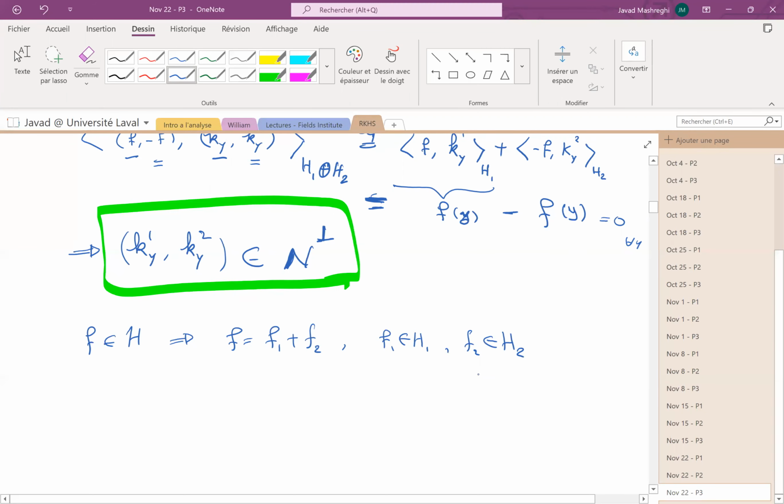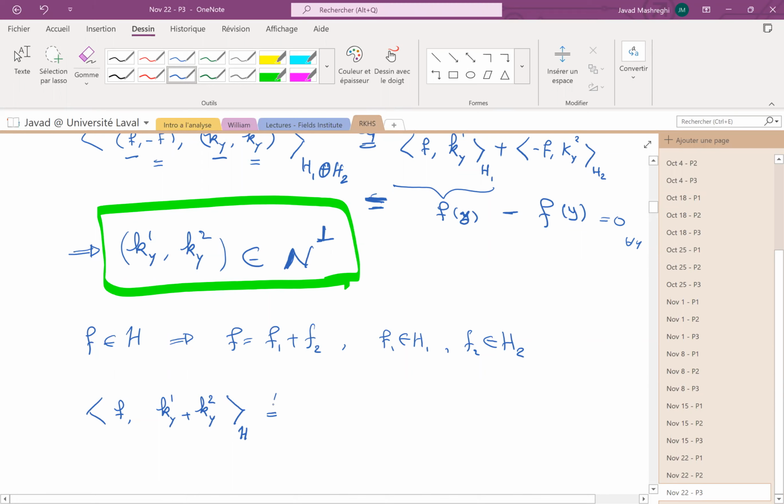True. What can we say about the inner product of f and (k_y^1, k_y^2) in the space H? You remember the definition above.